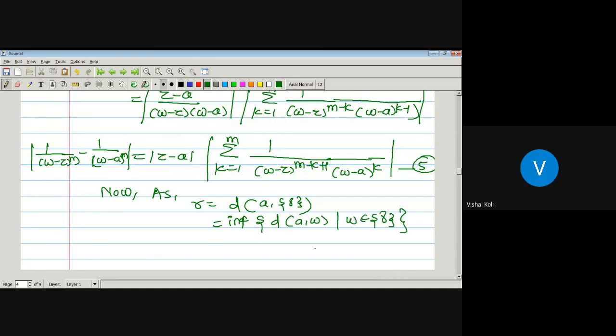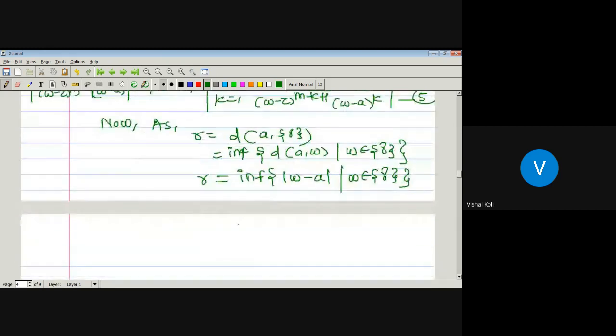But what is the distance? It is nothing but the modulus of w minus a, that is nothing but the infimum of modulus of w minus a, where w is belonging to trace of gamma. Okay, now here r is nothing but the infimum value of modulus of w minus a. Then what is the relation between r and w minus a? Infimum value of modulus of w minus a is equal to r.